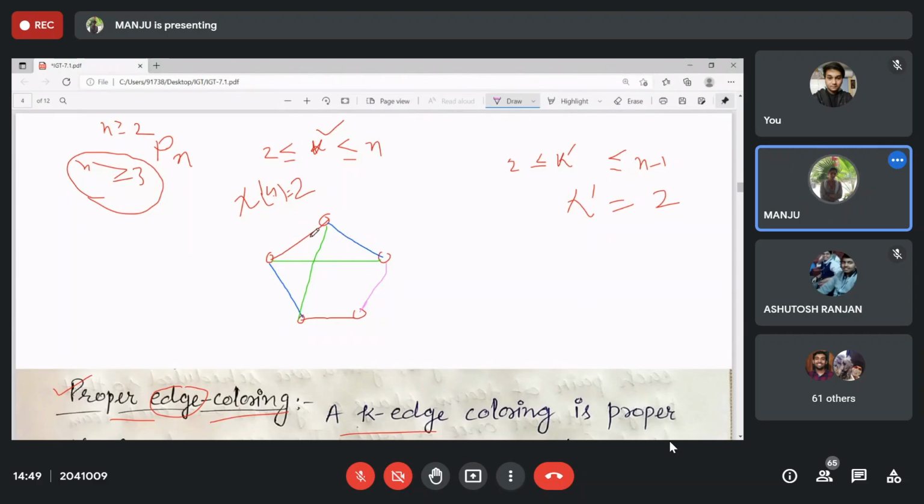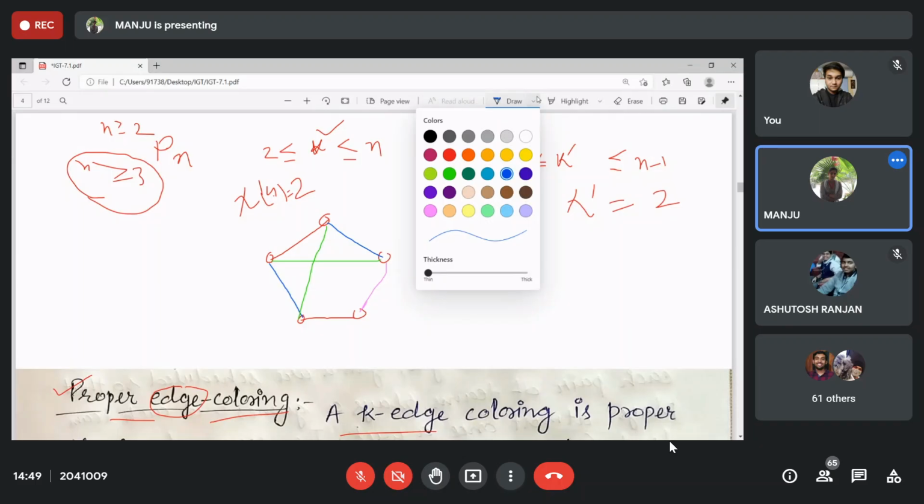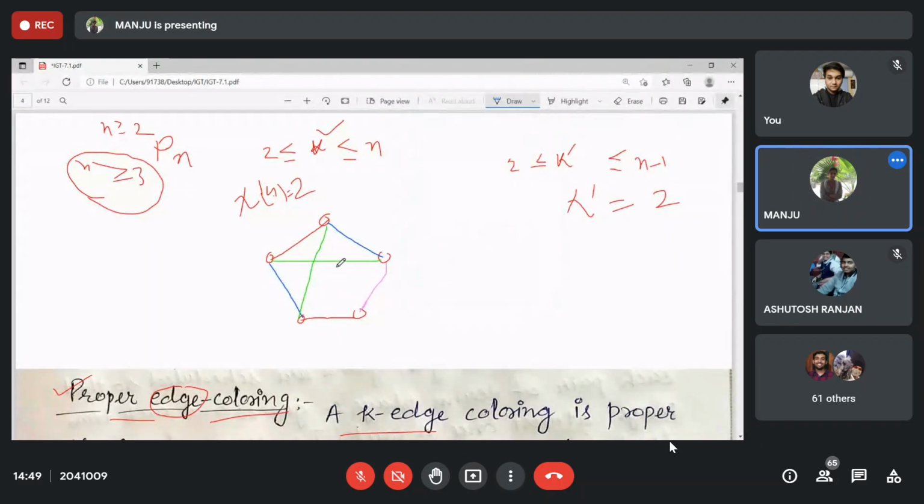So 1, 2, 3, 4 I have used, right? What else can I use? Tell me. We have used 4 colors, no? This is your 5th color.